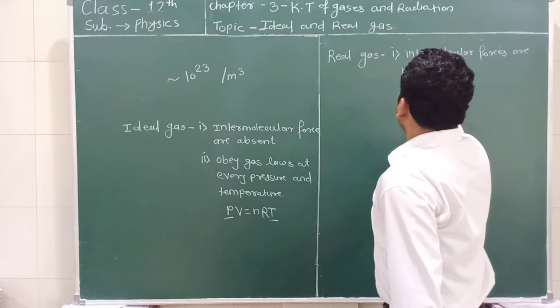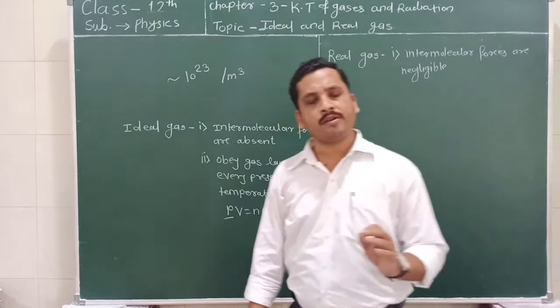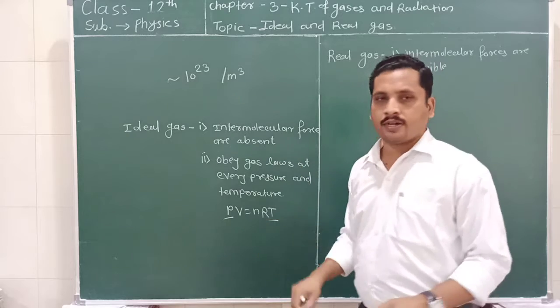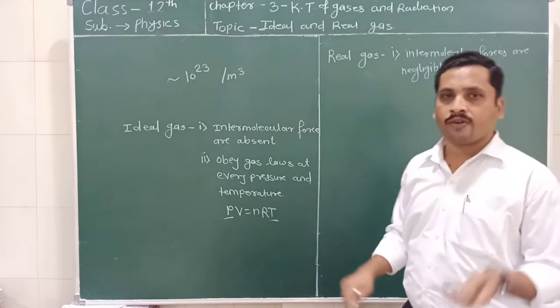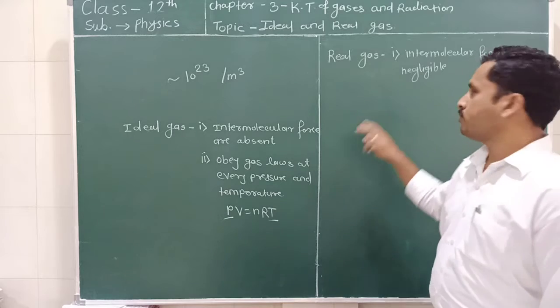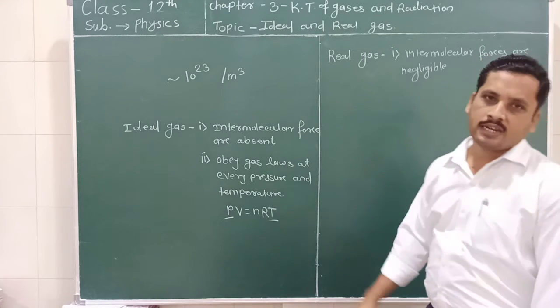What is the meaning of negligible? In the ideal gas the intermolecular forces are absent, but in the real gas they are present, but their value is very small, so we can say they are negligible.